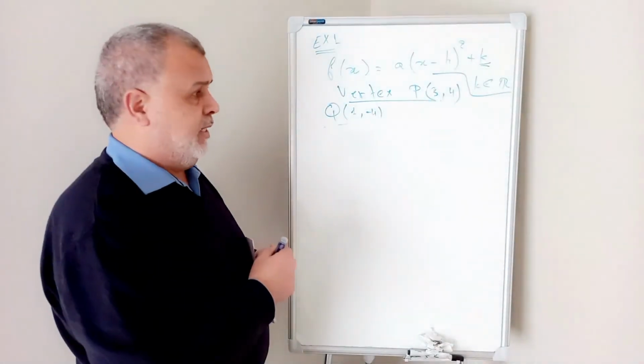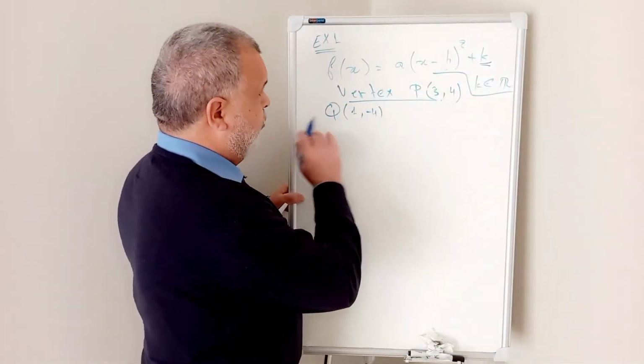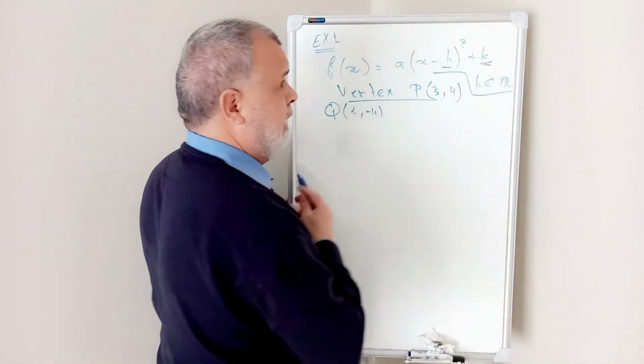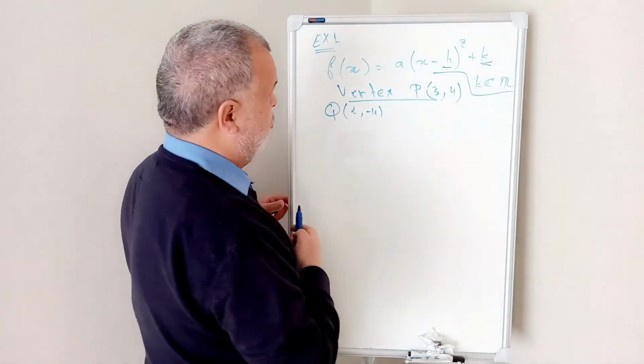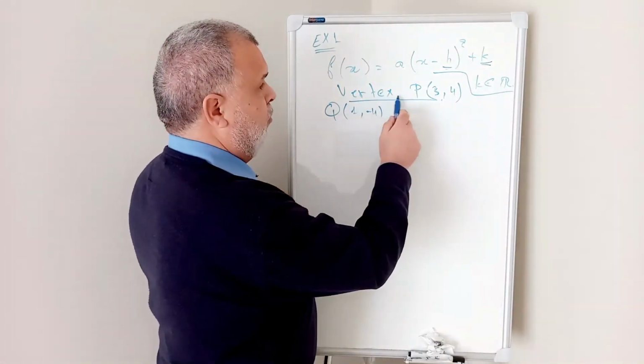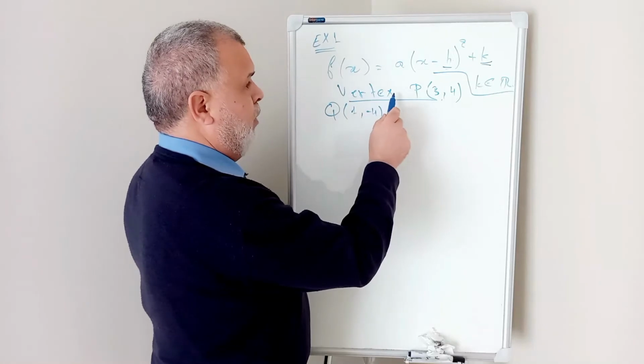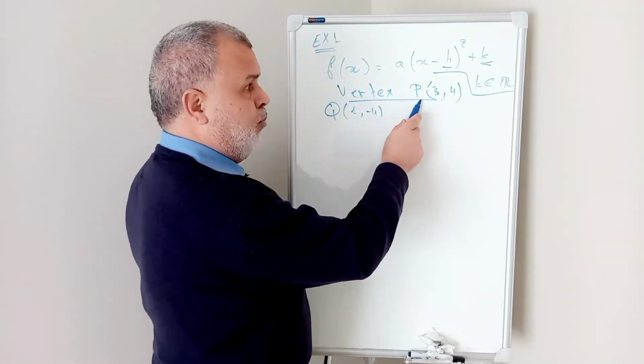So let's summarize now. To find h, we used the information that the vertex of the graph of f is at this point.